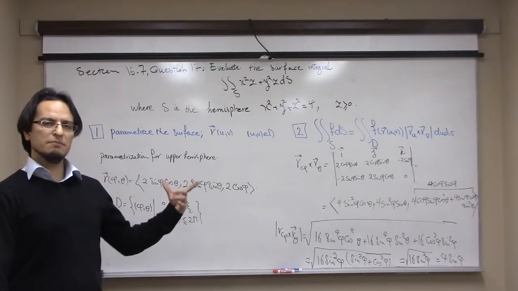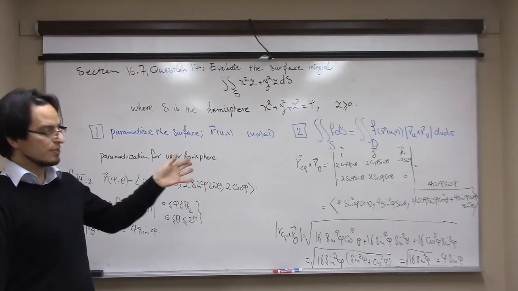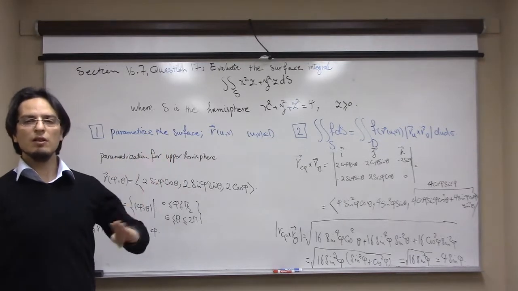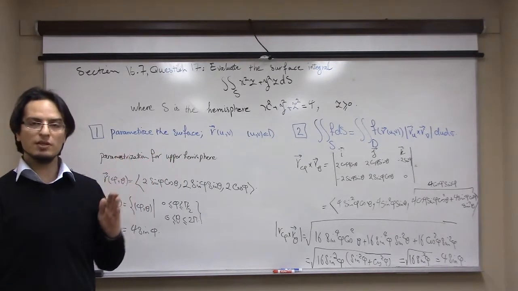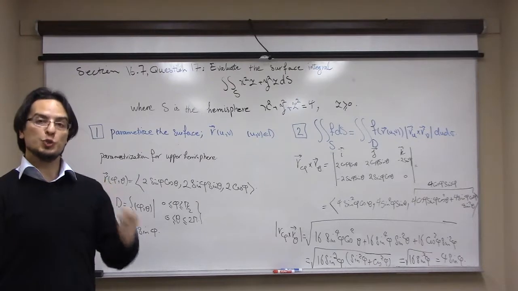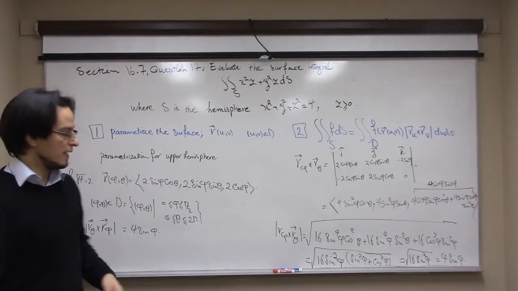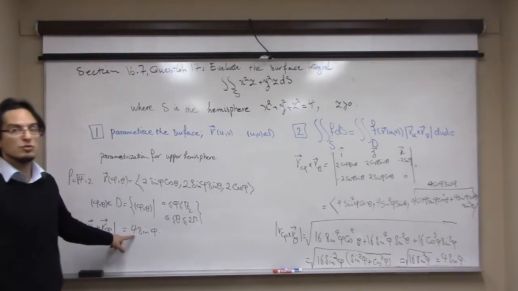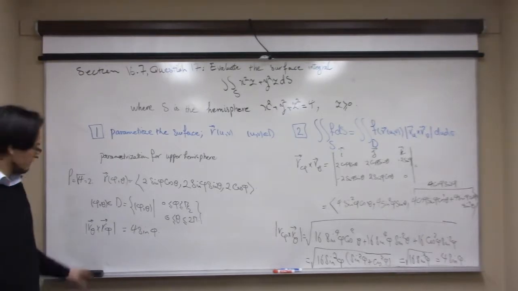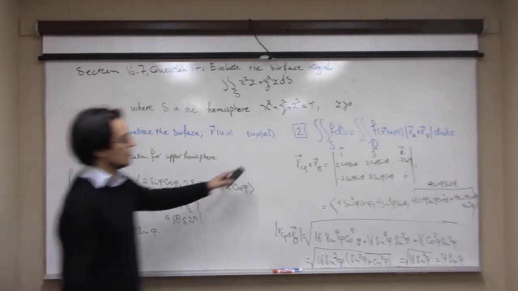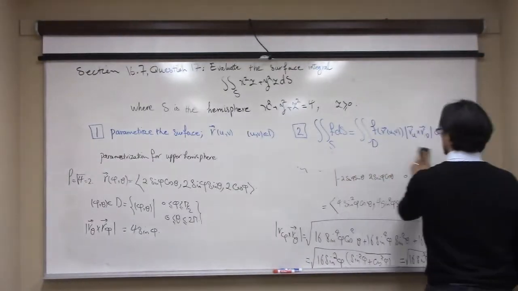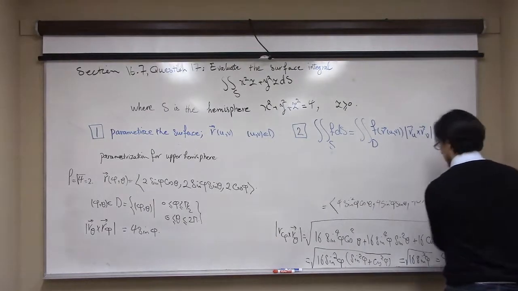You can check this from the fact that the volume element for the spherical coordinate is equal to rho squared sine phi. Rho in this case was 2, so I got 4 times sine phi. Okay, so I can erase all this now because these were all to find that term.